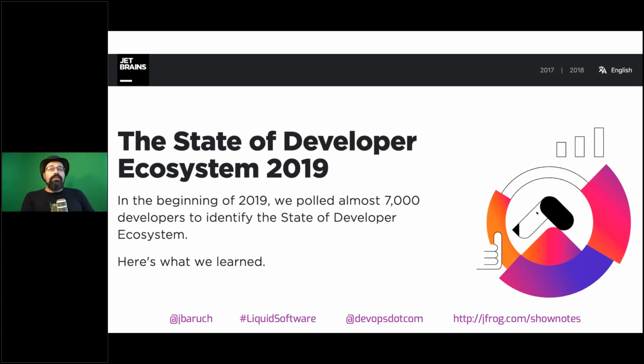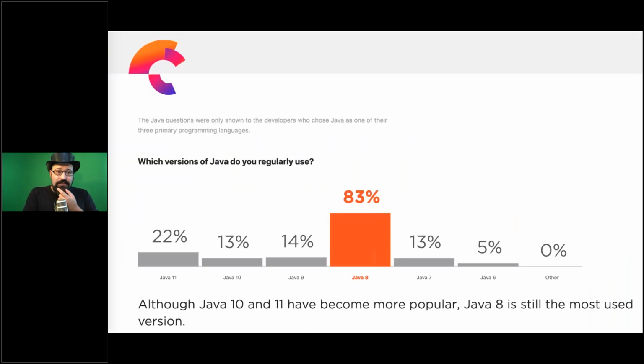If we look at the state of the developer ecosystem, that's from last year. We don't have this year yet, but you can see that at least last year, 83% of the industry were still on Java 8. We will see this year. I don't expect this number to fall drastically.